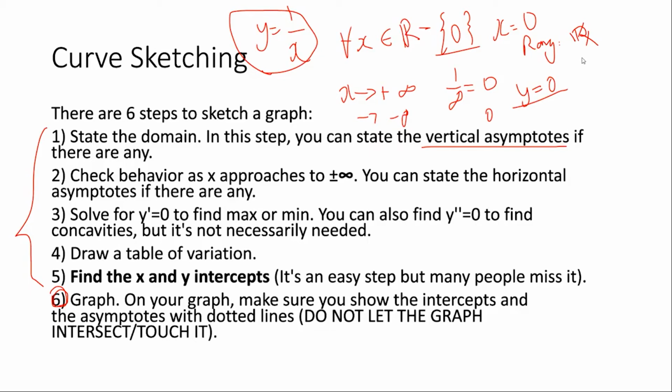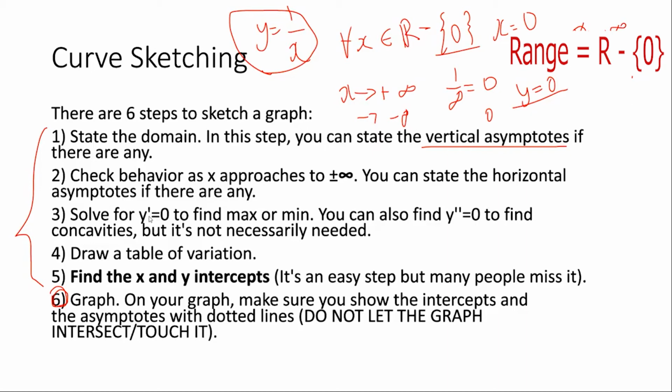So the range would be between 0, with parenthesis, not brackets, because it's not included, as it's an asymptote. Y can go as high as it can, but it can't go below 0. So 0 to infinity, I apologize for that. Plus infinity to be exact.